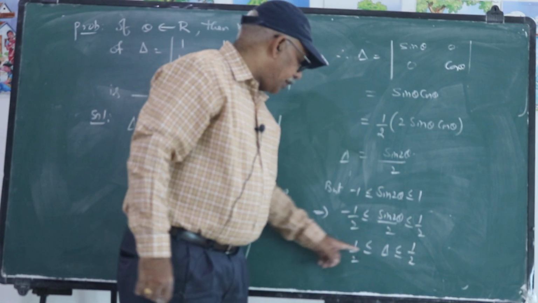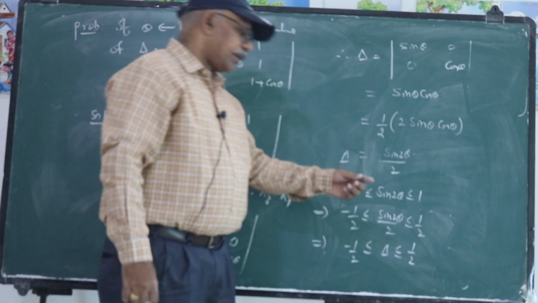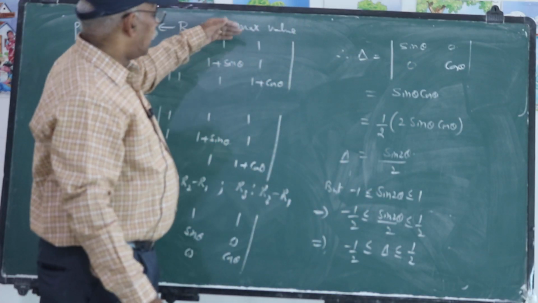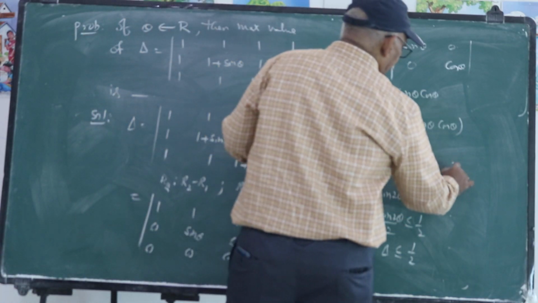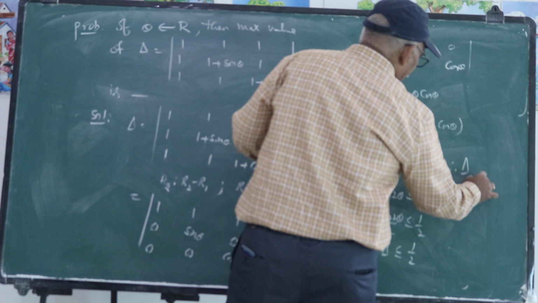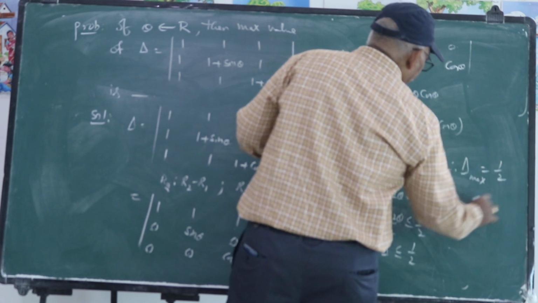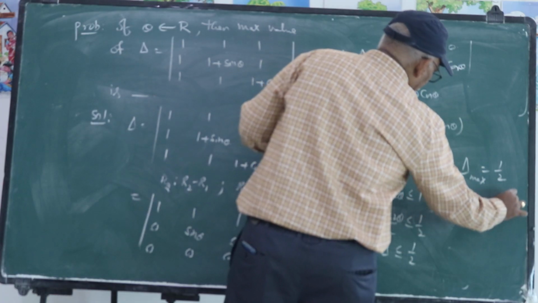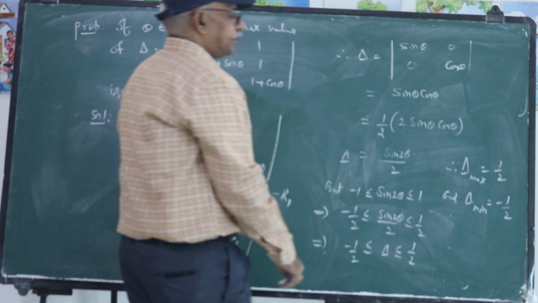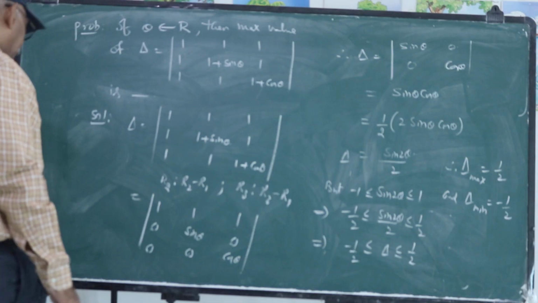So the value of delta lies between minus 1 by 2 and 1 by 2. Therefore the maximum value of delta is 1 by 2. The minimum value of delta, if necessary, is minus 1 by 2. That is the problem.